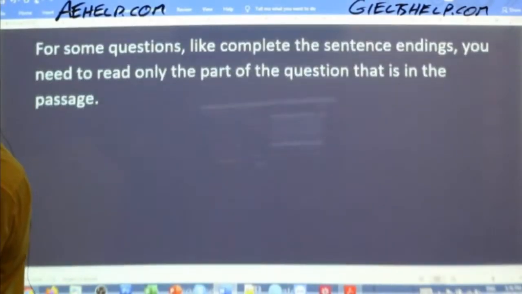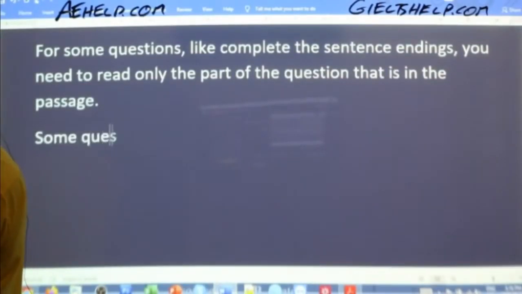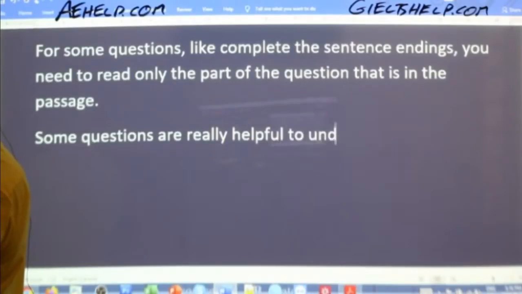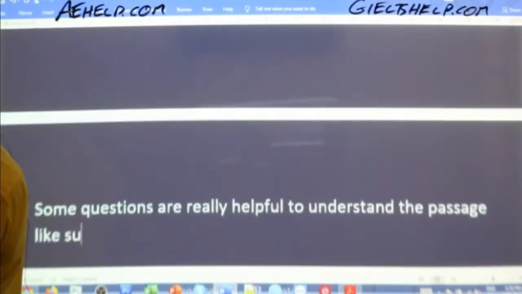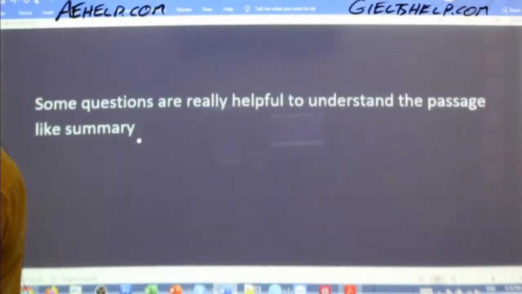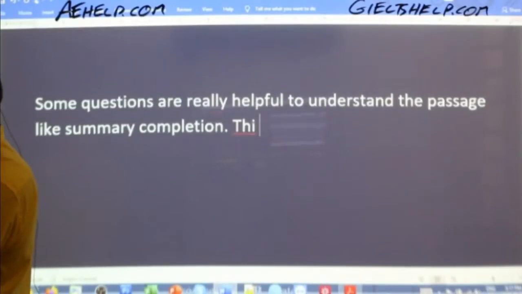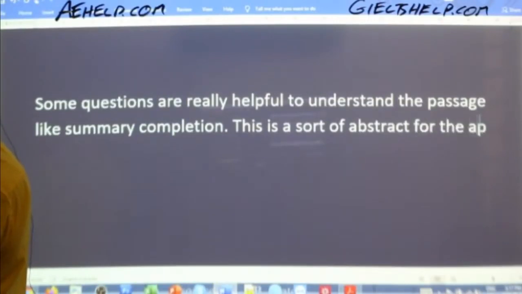Some questions are really helpful to understand the passage, like summary completion. Okay. This is a sort of abstract for the passage.